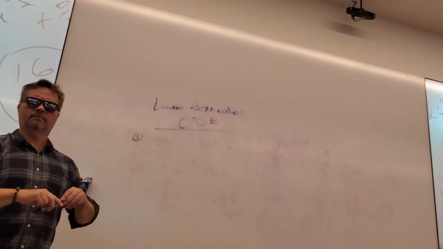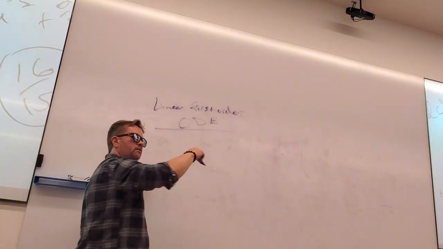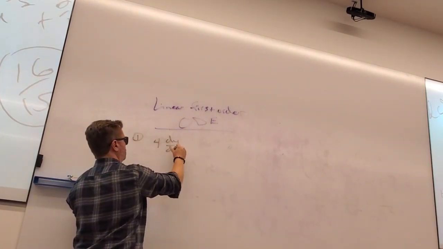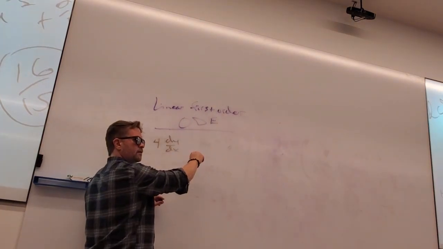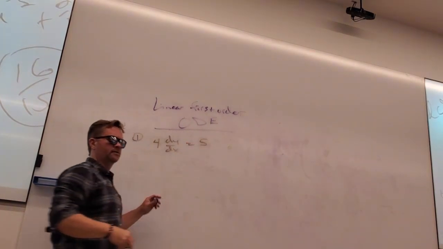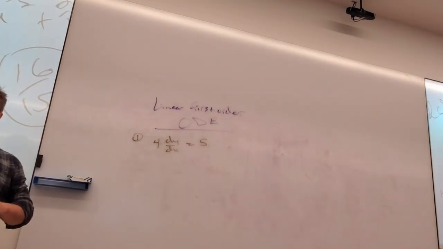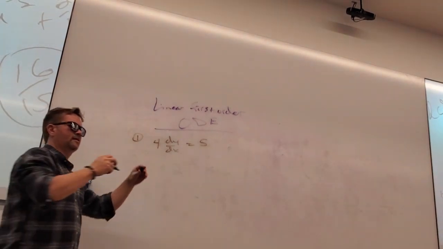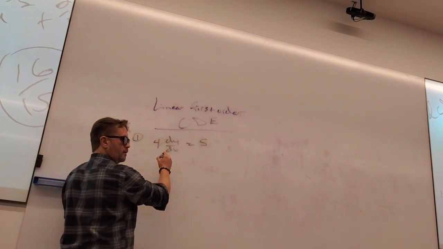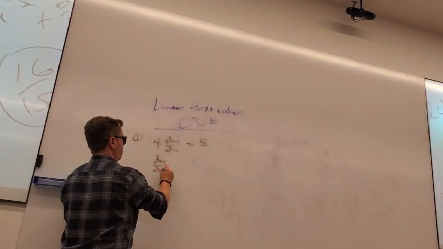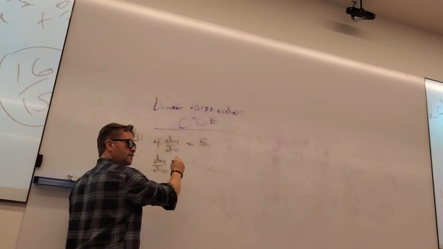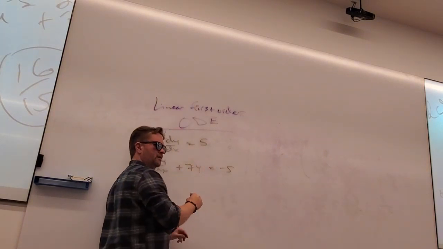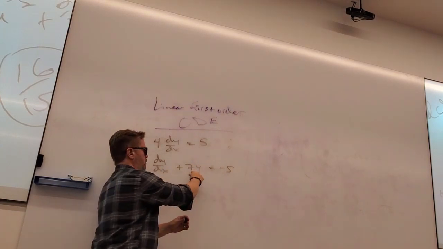Somebody want to give me what they've written? Anybody wrote anything? Yes, sir. 4 times dy over dx is equal to 5. That works. Anybody else write something more? Yes? dy/dx plus 74 is equal to negative 5. Okay. I'm going to make one little change because you could just put these together.